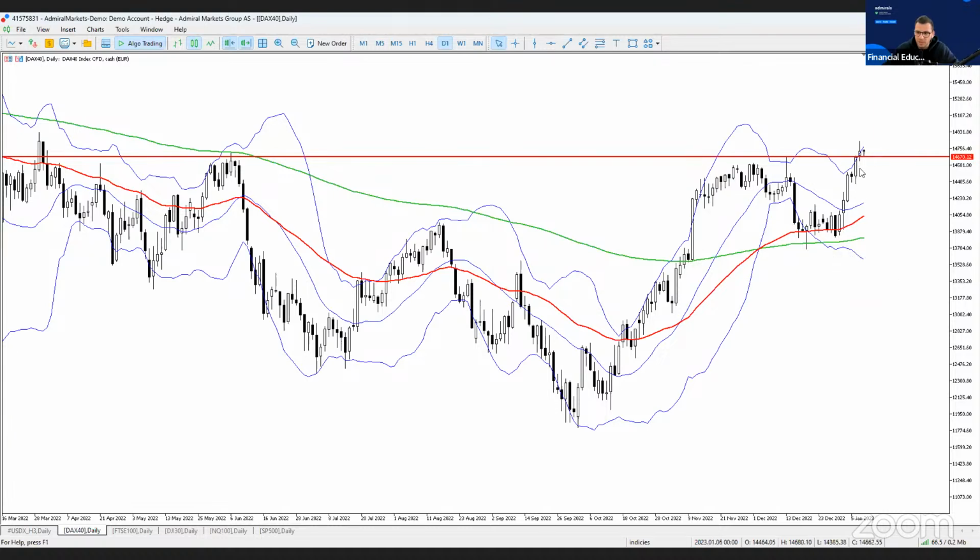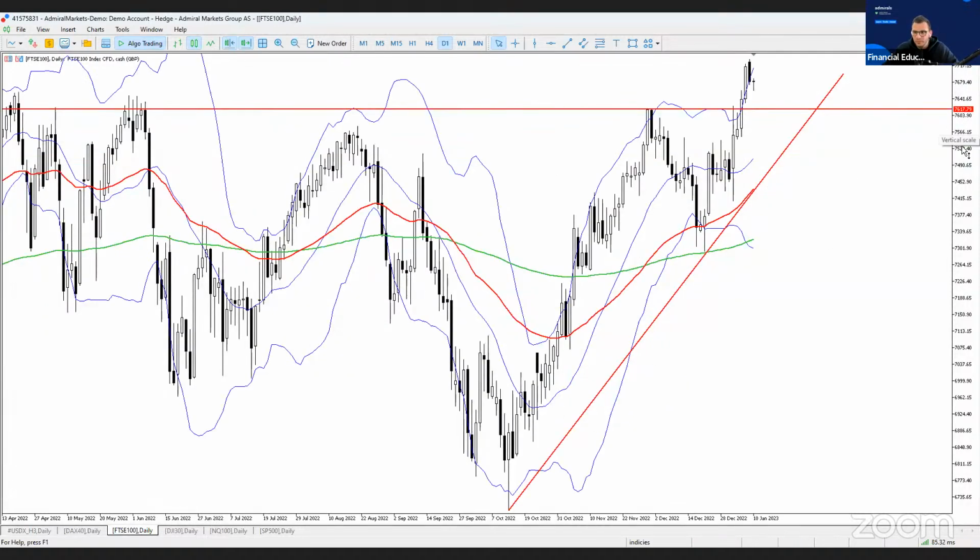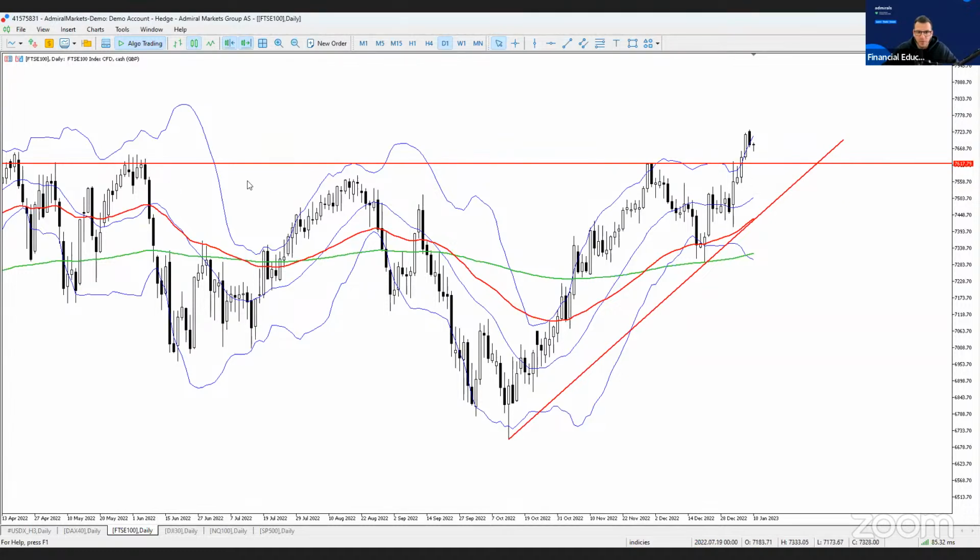I would like to see the price move away from this broken resistance, and on the consequent bounces act as support to initiate long trades. FTSE 100, we closed above this zone nicely. Now we are waiting, as we said, for the price to make its move to the downside.